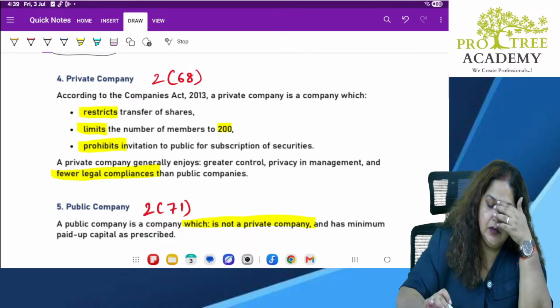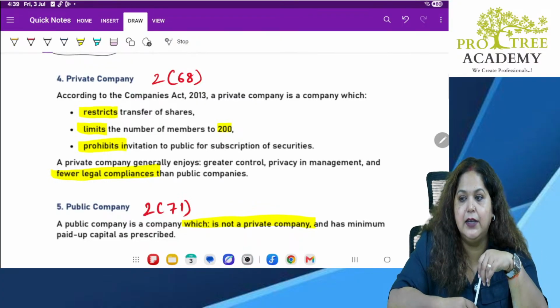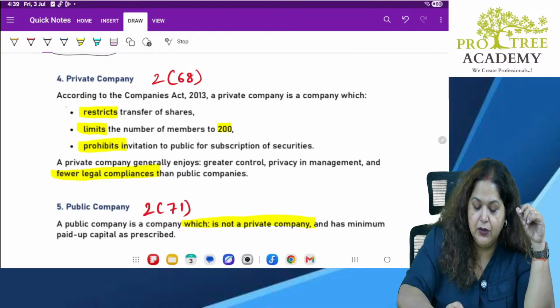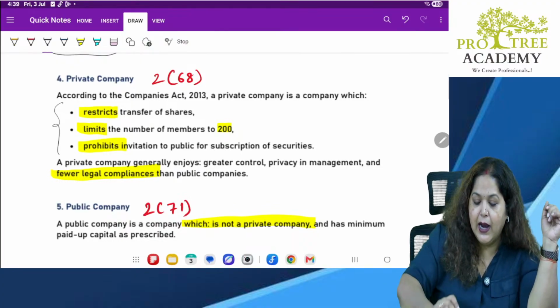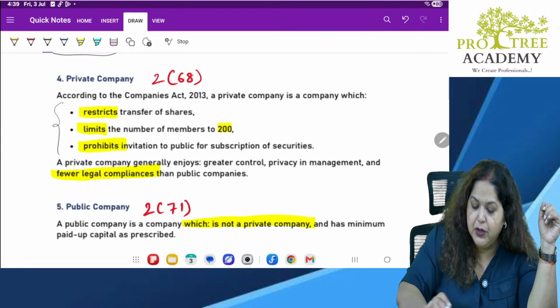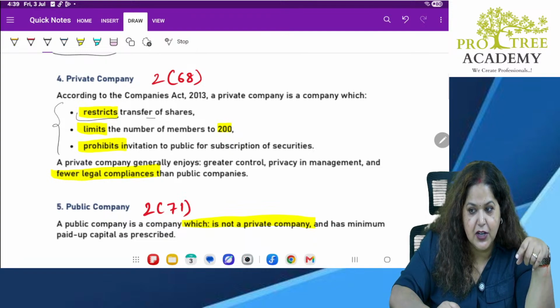Private company, Section 2, subsection 68. Three features you have to remember, guys. According to the Companies Act 2013, a private company is a company which restricts transfer of shares. We had already seen this feature.